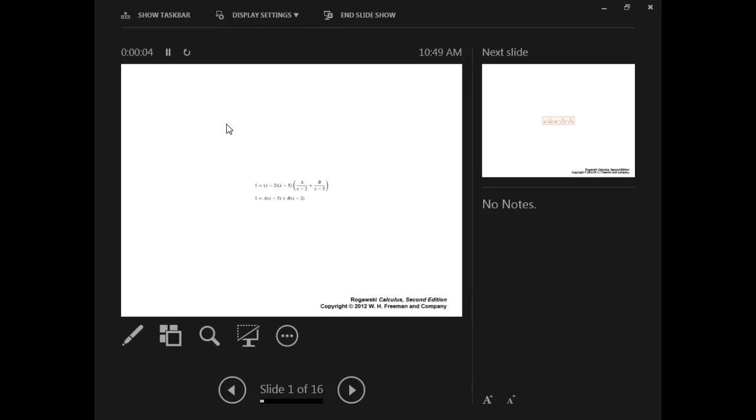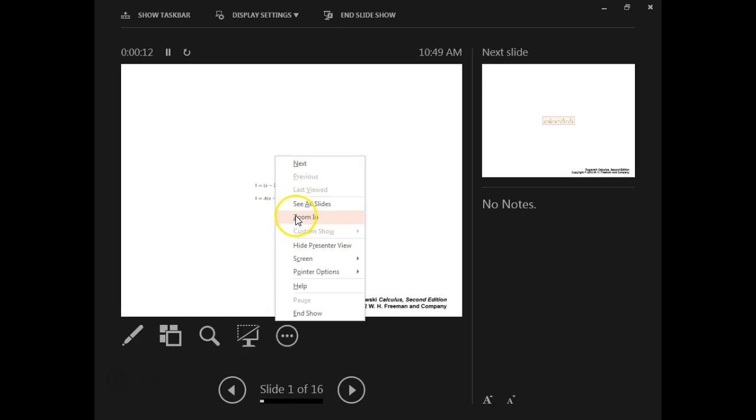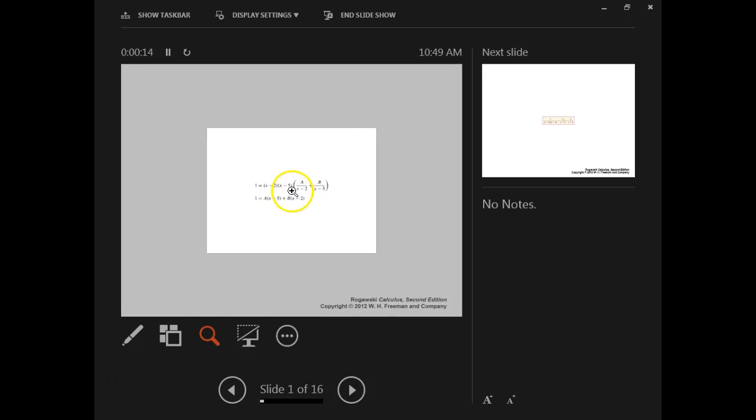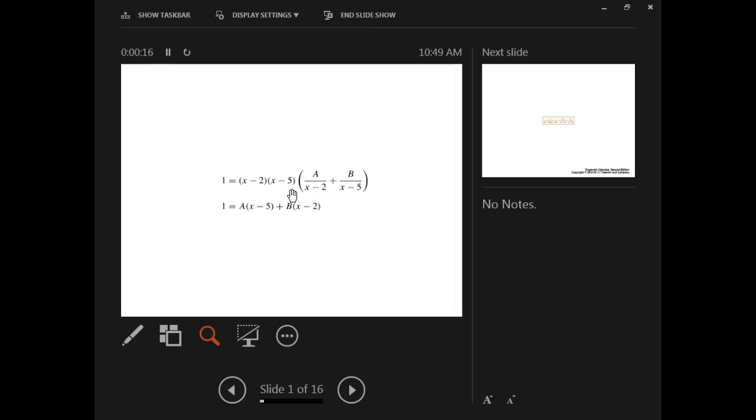All right, here's another method, another technique for doing integrals that are really tough to integrate. Okay?